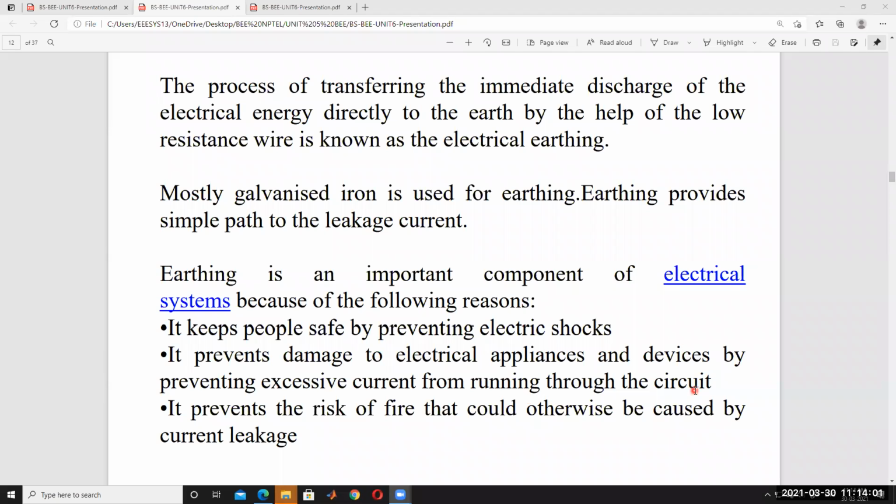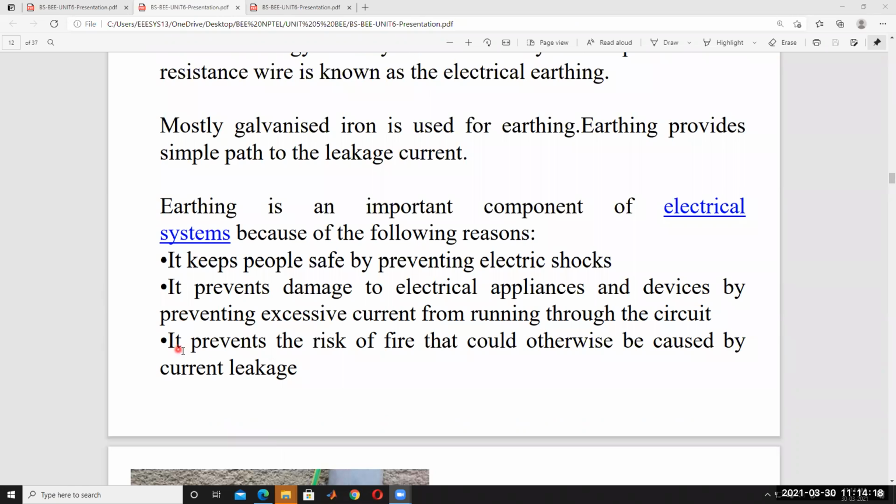If earthing is not there, that much current passes directly through the device instead of passing through the ground, and the device may be damaged. That's why earthing is compulsory. It also prevents the risk of fire that could otherwise be caused by current leakage.